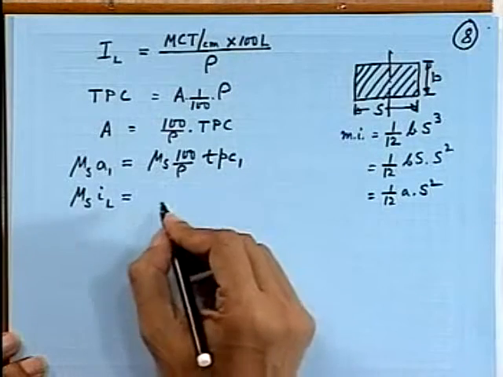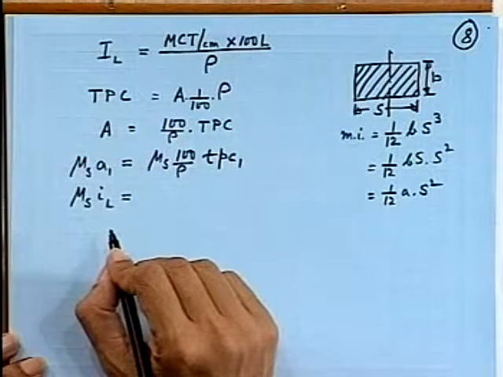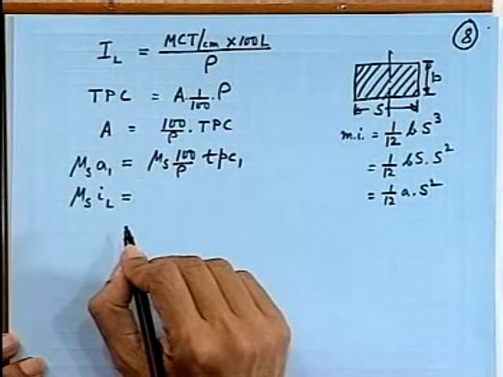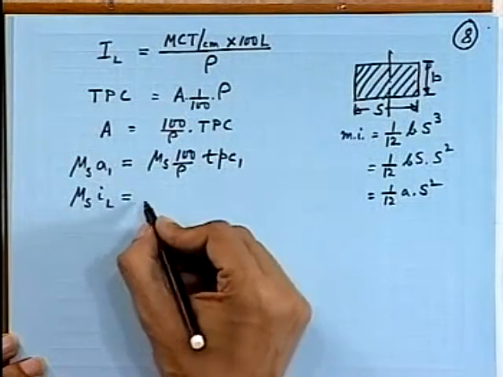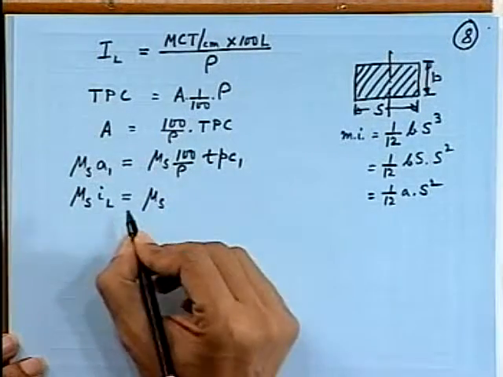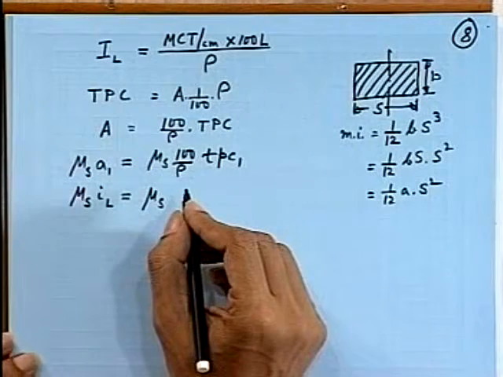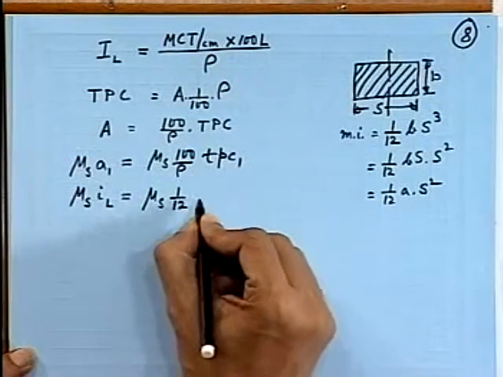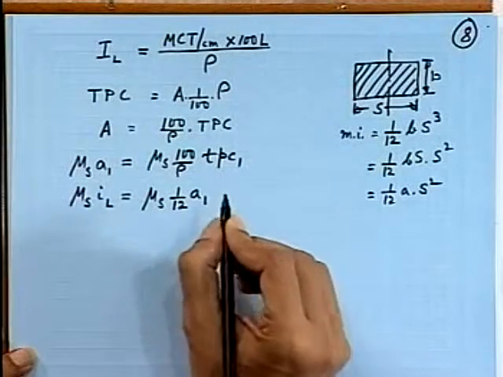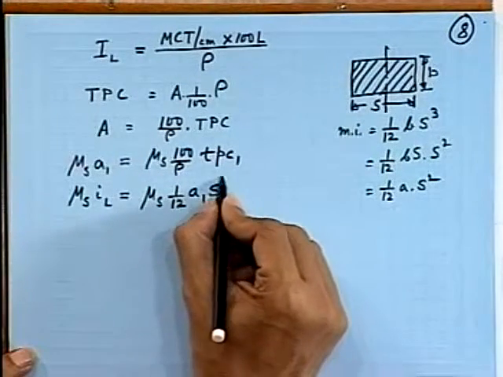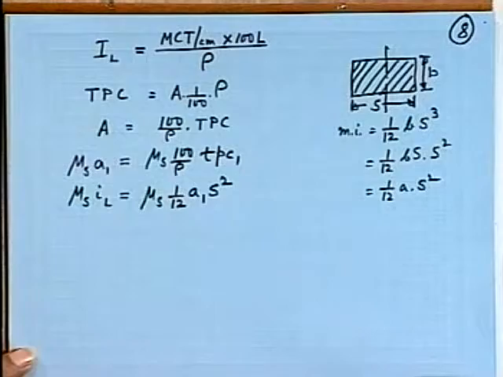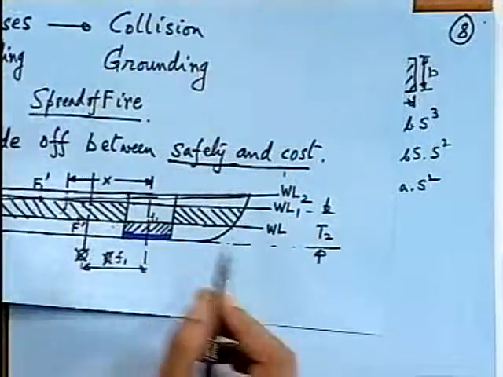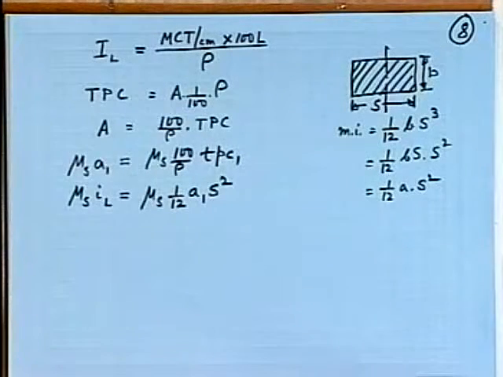So this you put it here. So this is mu s multiplied by IL. So this will be 1/12 of area A1 multiplied by S square of this portion of the water plane inside the compartment bulkheads or compartment boundaries.